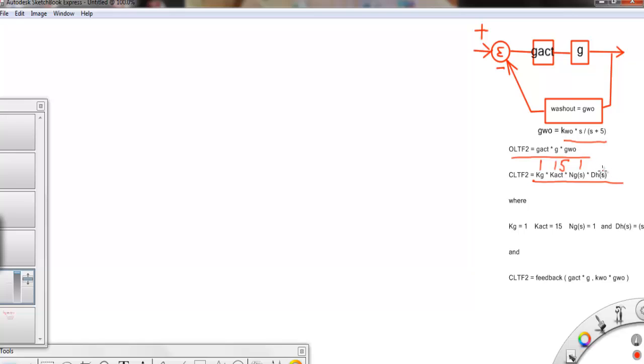And the denominator of H of S is the polynomial in the denominator of H, and I see that that's going to be equal to S plus 5. So the polynomial in H is given by S plus 5, and that comes from the H. Now that closed loop transfer function numerator is going to be over the roots, right?